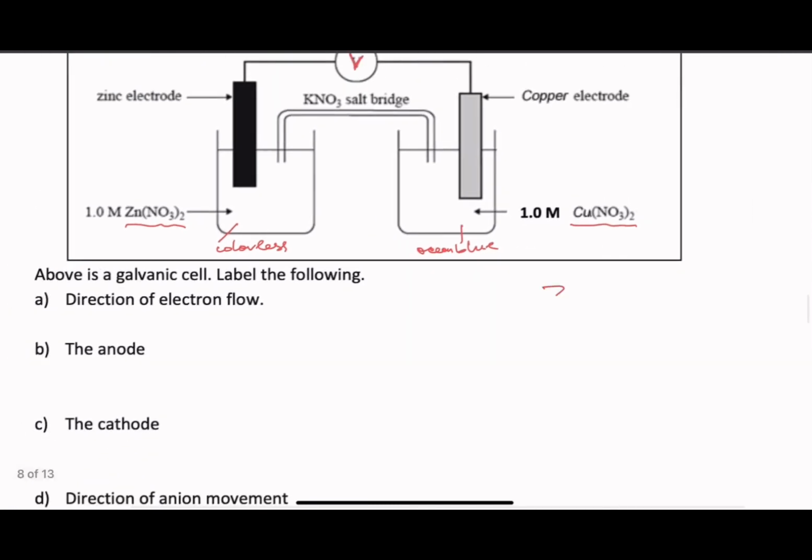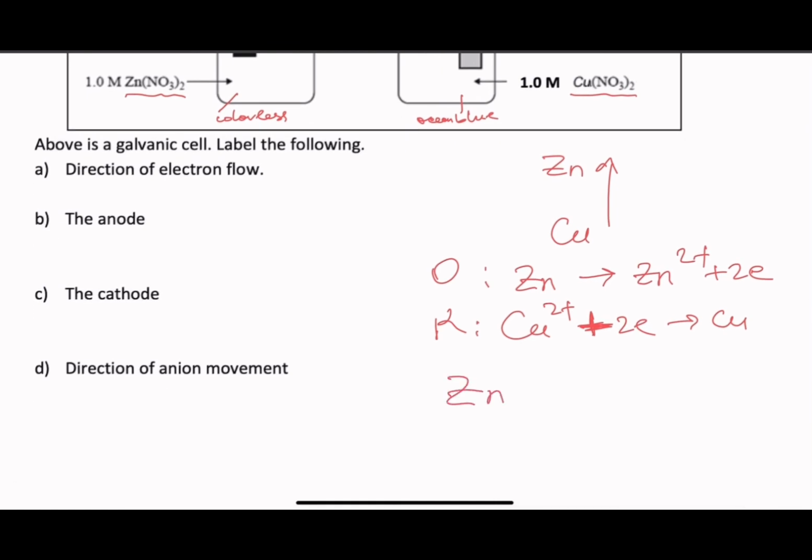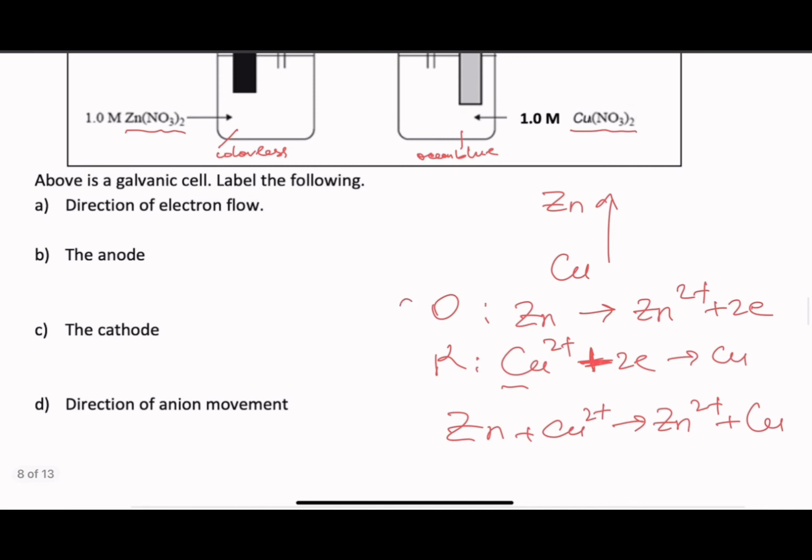We know from the activity series that zinc is located higher than copper, so zinc is going to oxidize and copper is going to reduce. If we want to write the whole reaction, zinc plus copper 2 plus gives zinc 2 plus and copper. We're just going to ask you to write down the half reactions.